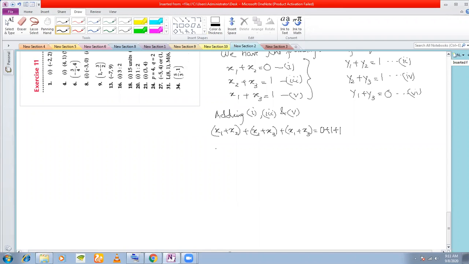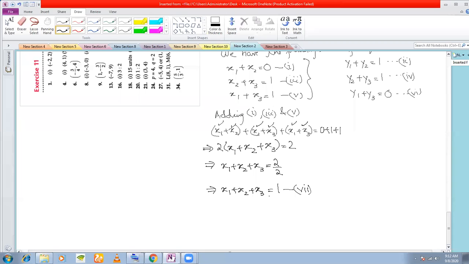That means you get twice X1, twice X2, and twice X3 is equal to 2. Therefore you get X1 plus X2 plus X3 is equal to 1. You get this equation if you add 1, 3 and 5. Let us call this equation number 7.